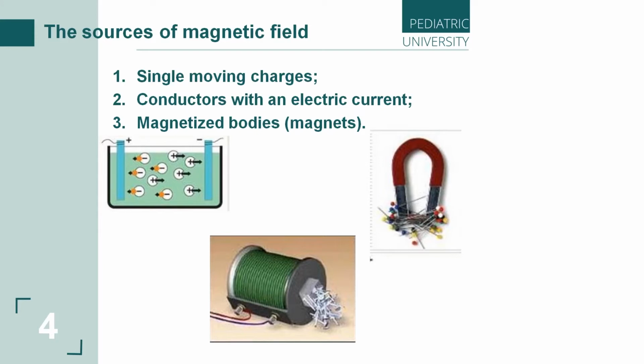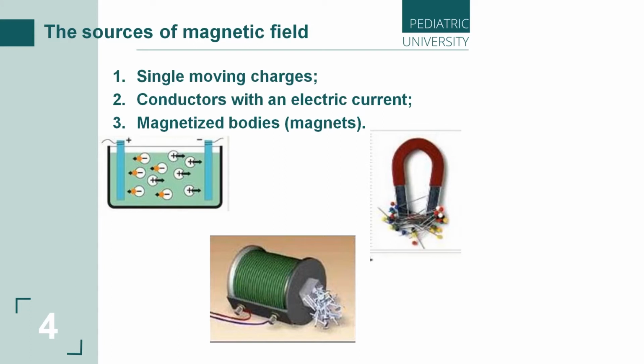I think you know these sources very well, and I think you saw these sources earlier and used them in your life. Maybe you used them in physics departments in your countries or in other departments, maybe in chemistry or biology.